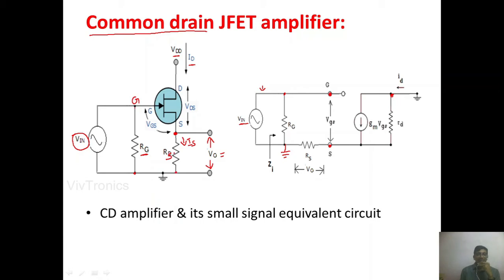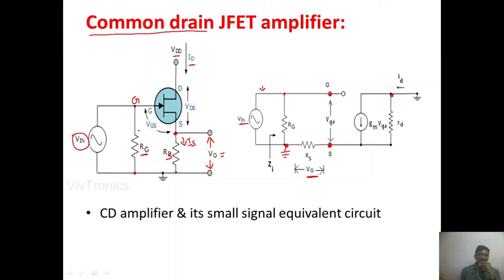From the ground to the source terminal we have the resistance RS, and the voltage across RS is V0.